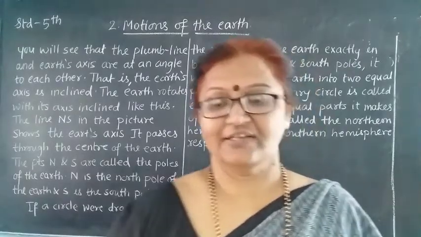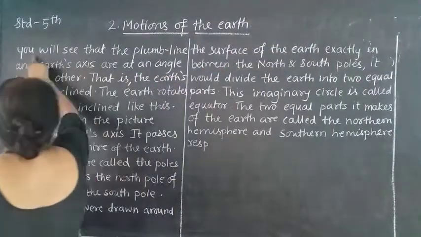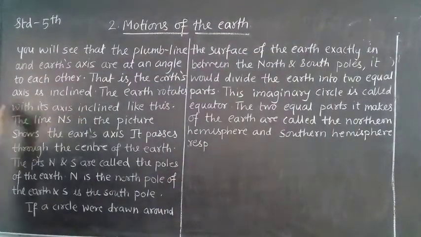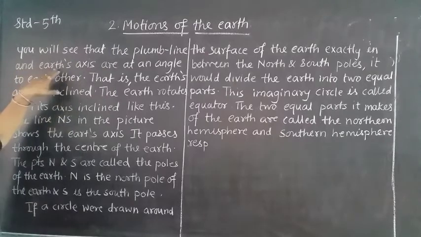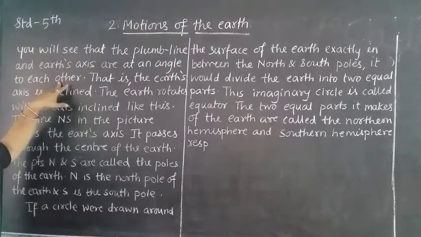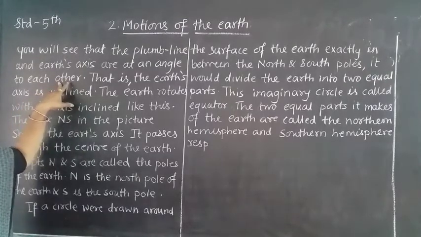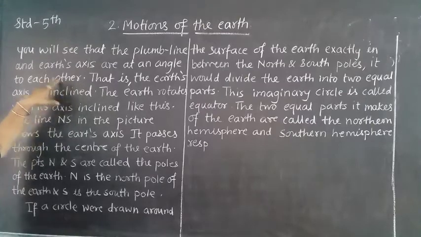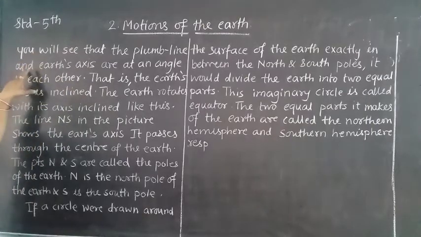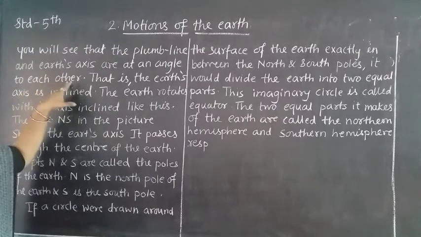See here, further what we are going to see? You will see that the plumb line and the earth's axis are at an angle to each other. Whenever you hold the plumb line onto the globe, it tells us that the plumb line and the earth's axis are at an angle to each other.